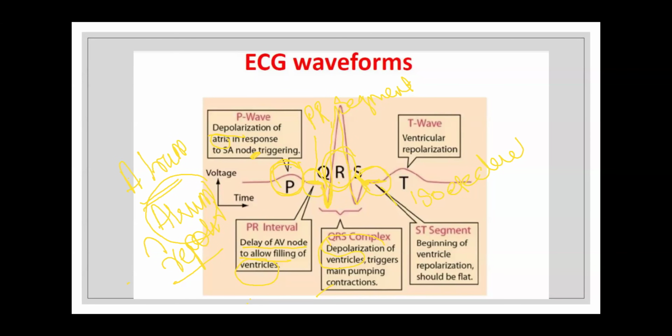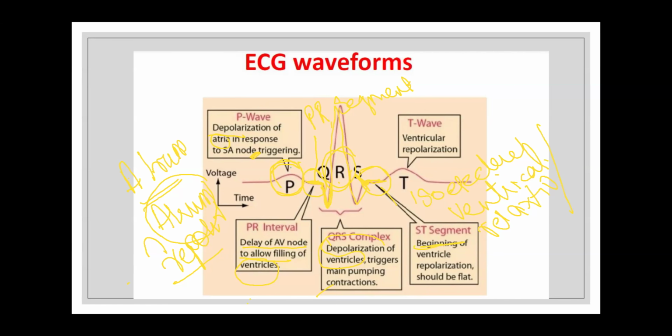These electrolytes are not going in any direction. The isoelectric phase, okay, and it is the start of ventricular repolarization. If anyone asks you the start of the ventricular relaxation or the start of the ventricular repolarization, it is the ST segment, which shows you the beginning of the ventricular repolarization.